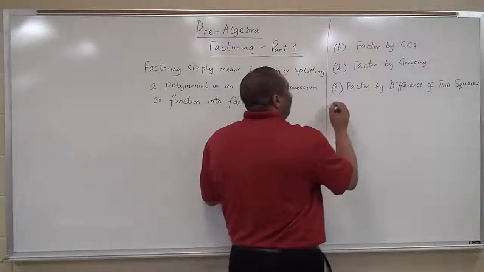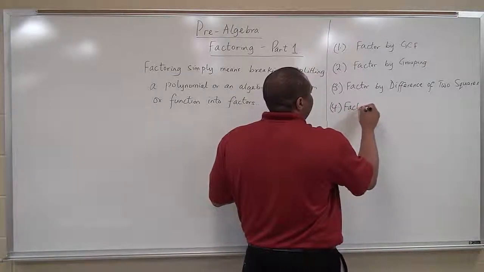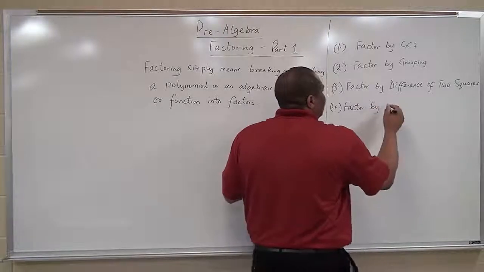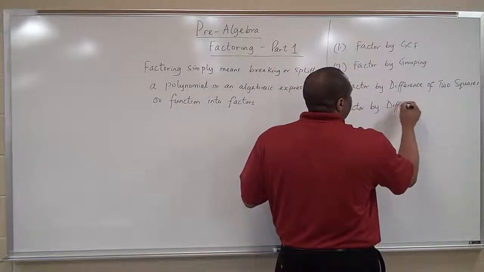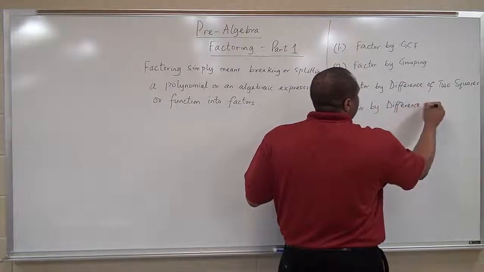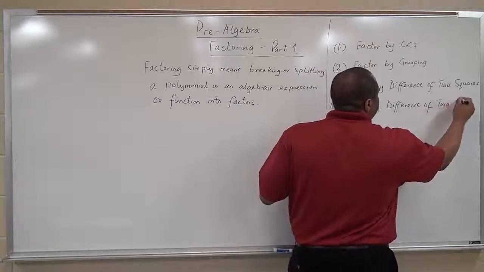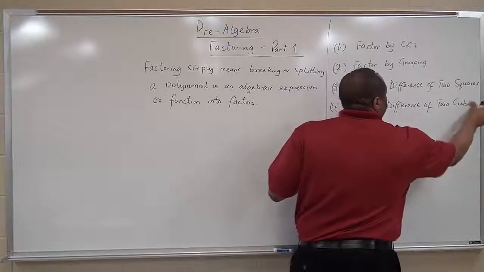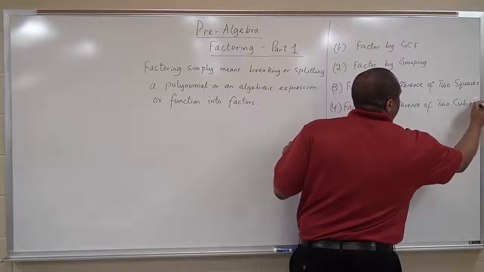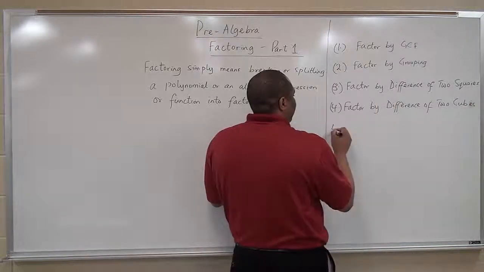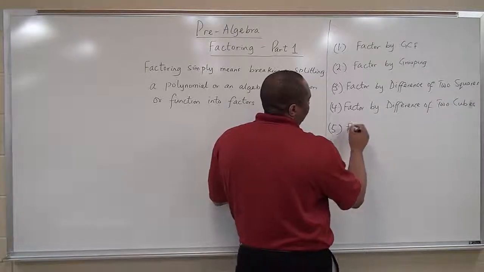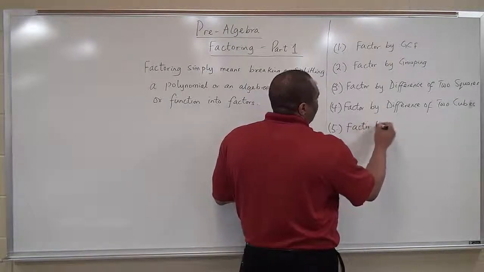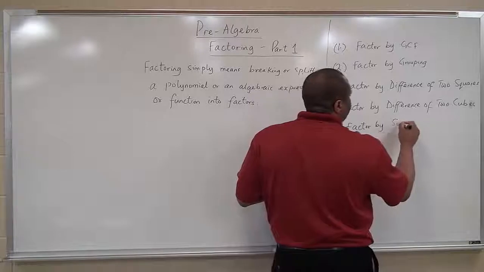Then number 4, we can factor by a difference of two cubes. Number 5, we can factor by sum of two cubes.